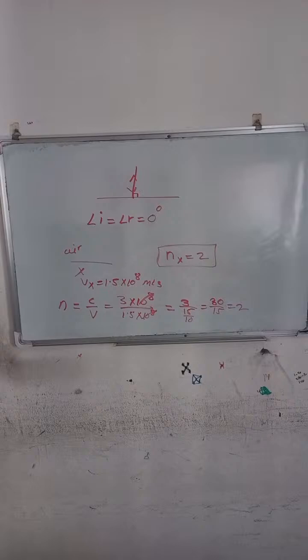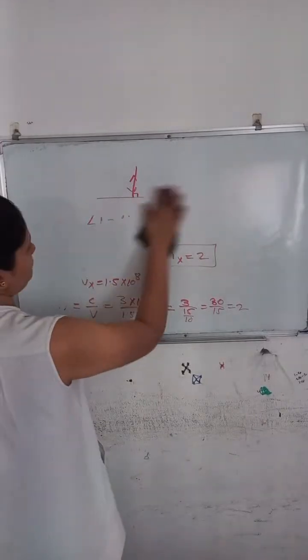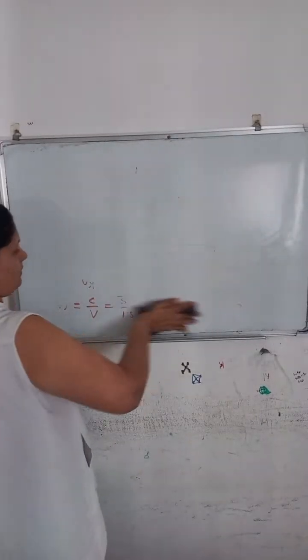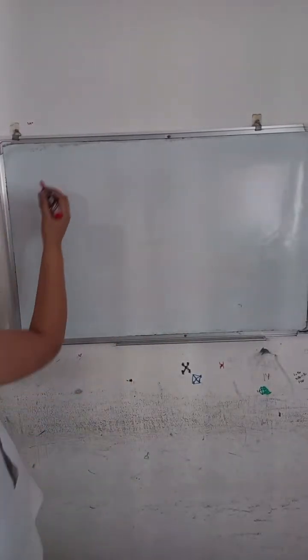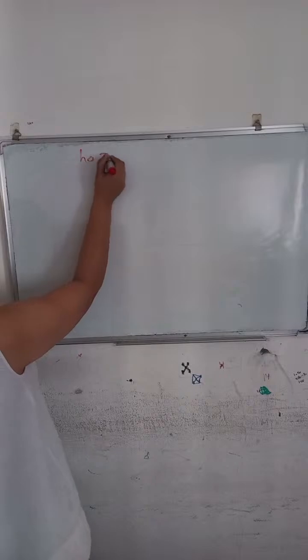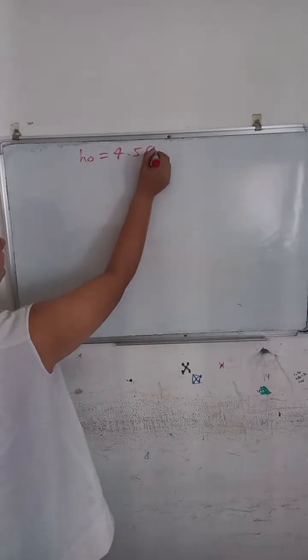Okay. So here needle size or needle height is given, that is 4.5. That means here height of the object is given. That height of the object is nothing but 4.5 centimeter.